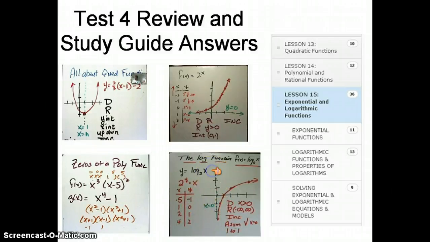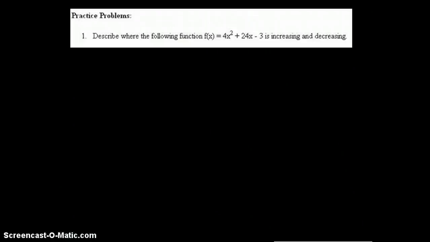It's a lot easier to take a function and then change it to exponential form than make a table. So these are some things that may help you by just way of quick review. Now let's get on and let's do some actual review problems from the study guide.